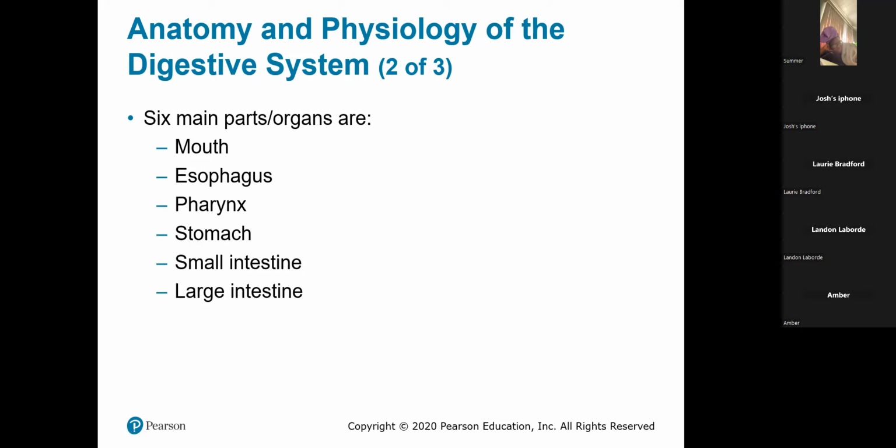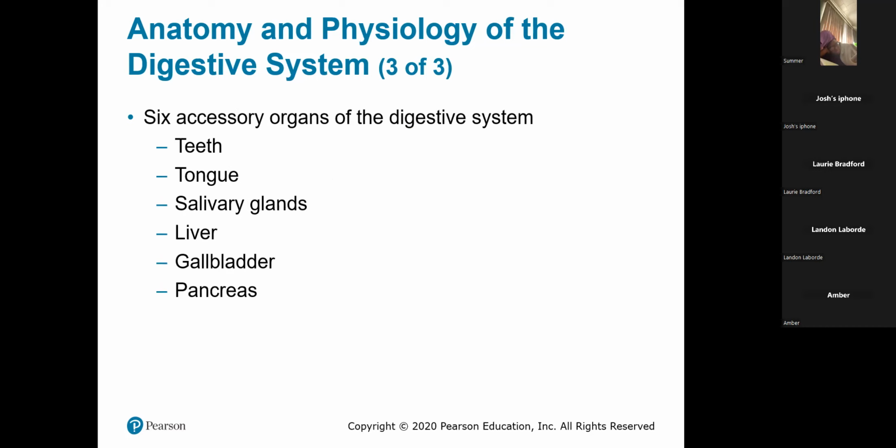So we have 6 main parts or organs in the digestive system, starting with the mouth. And then we go down to the esophagus, the pharynx, the stomach, the small intestines, and then the large intestines.